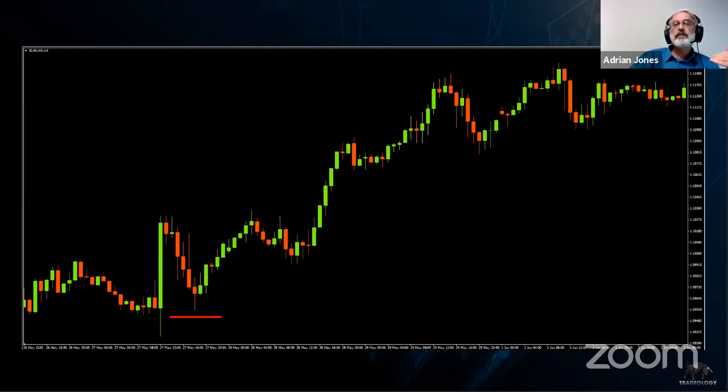Now, I've shown you just now, but let's have a look at this particular chart. We would enter a trade somewhere around this region here, for example, with whatever trade system we're using, just for demonstration purposes. And we set our initial stop loss at this point here. Now, as price moves up, our stop loss would have been moved up with it.